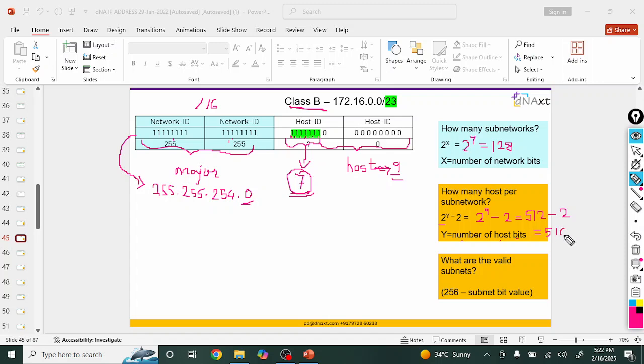So these two IP addresses you cannot assign to your end hosts, and actually you will get 510 IP addresses that you can assign to your endpoints or hosts.